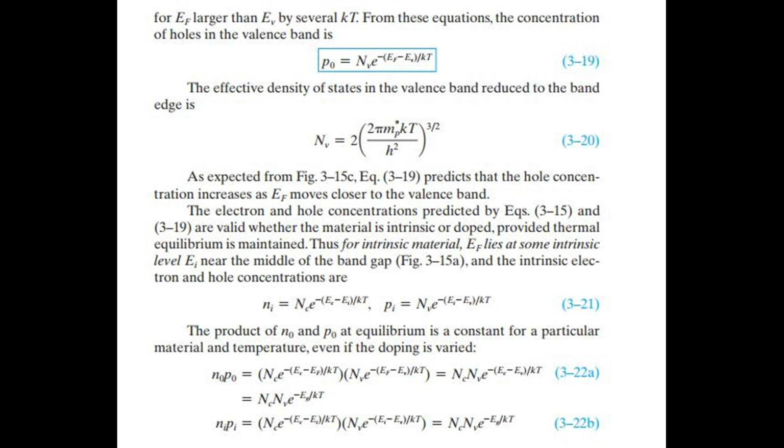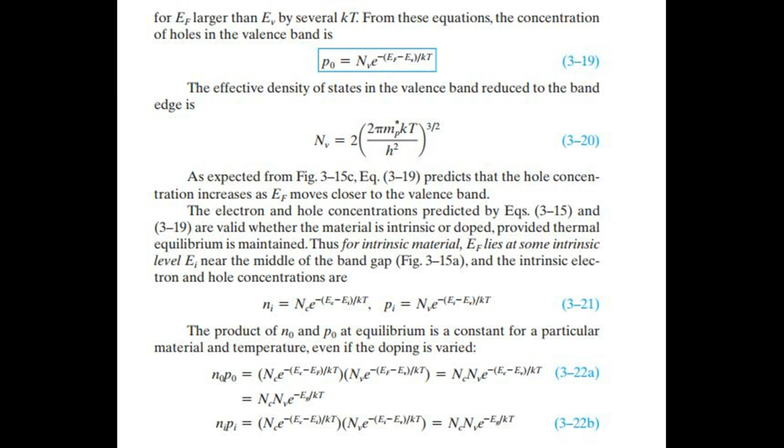The electron and hole concentrations predicted by EQs 3-15 and 3-19 are valid whether the material is intrinsic or doped, provided thermal equilibrium is maintained. Thus for intrinsic material, F lies at some intrinsic level EI near the middle of the band gap, Fig 3-15a, and the intrinsic electron and hole concentrations are given.